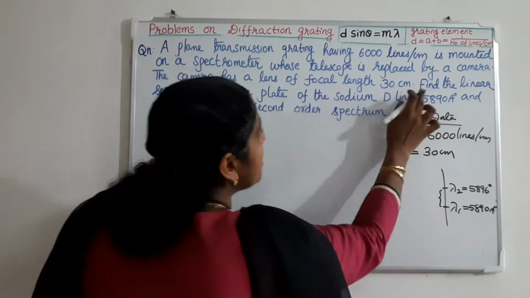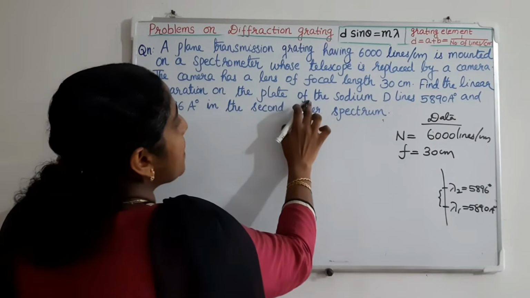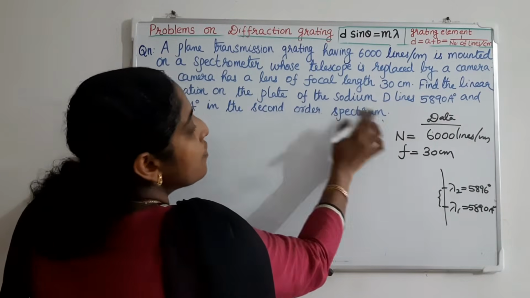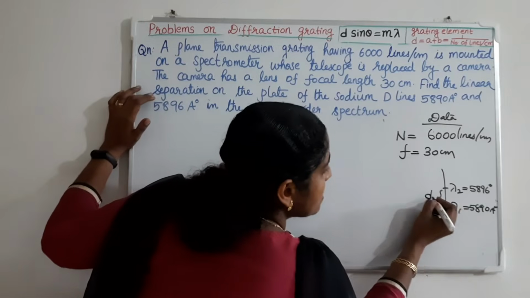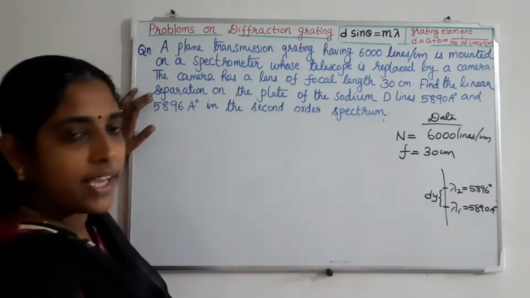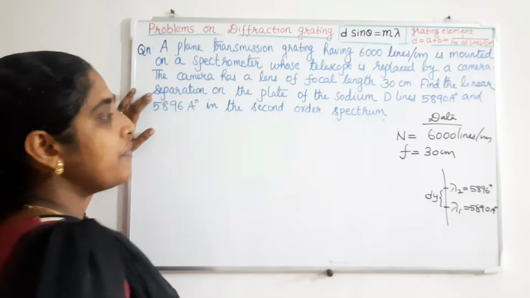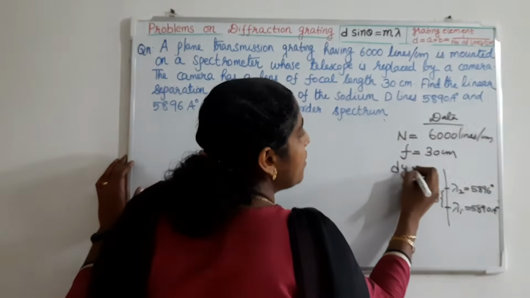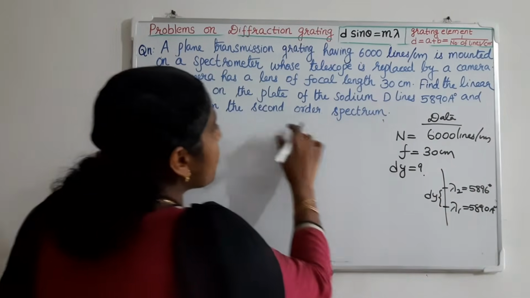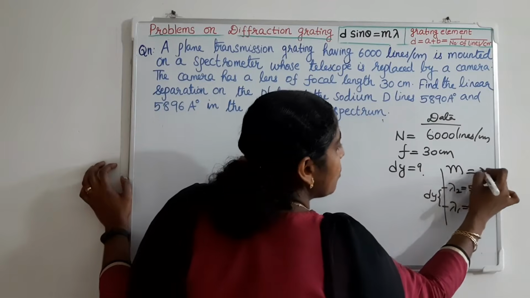We want to find the linear separation on the plate for these two lines. Let this distance between the two lines be dy. We have to find dy for the order m equal to 2.